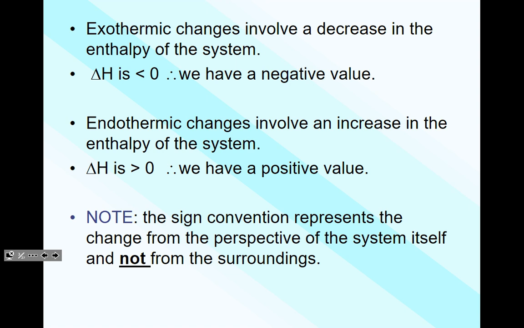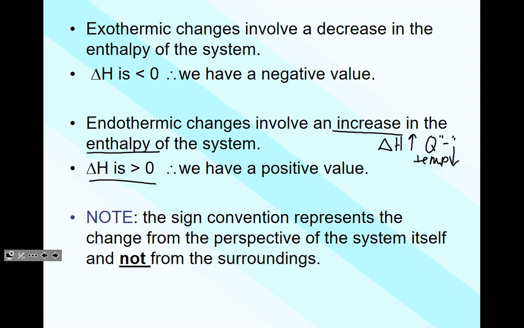For endothermic changes, we have an increase in enthalpy, right? And we have that because the Q is a negative number, because the temperature is going down, and therefore the delta H is higher than 0.